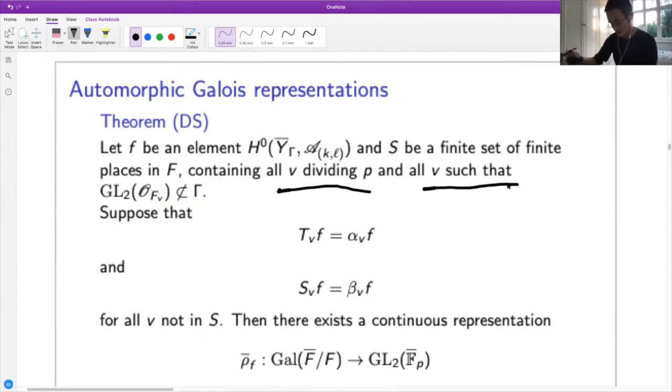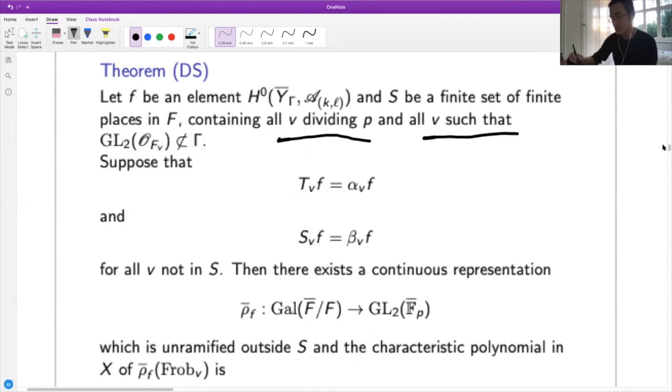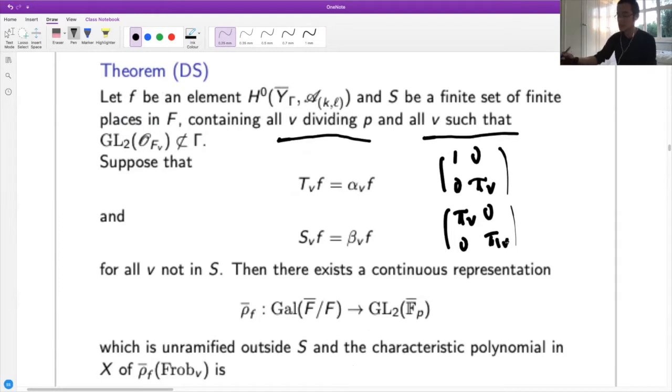So in the group theoretic language, it means that the maximal open compact subgroup GL2 of O_F,v is not contained in gamma. Now I furthermore assume that my mod P modular form F is an eigenform with respect to the T_v, the 1, 0, 0 uniformizer v, and S_v, the diagonal one, with eigenvalues alpha_v and beta_v respectively for all v not in S.